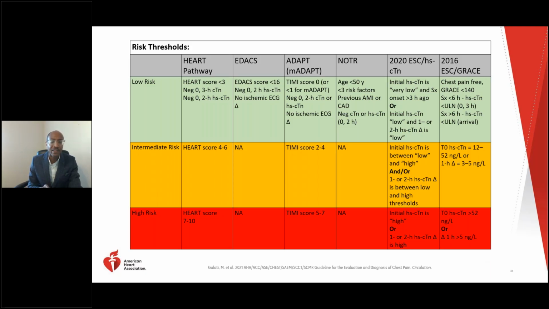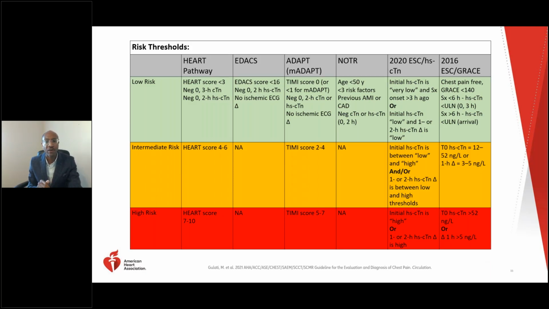I want to highlight that there are some differences that can be appreciated between these different clinical decision pathways, particularly the EDACS score and the no objective testing rule. Those are predominantly a little more binary and really powered to identify most predominantly patients who are low risk, with the aim to discharge those patients in a really safe manner if they have lower scores, negative troponins that are not above the 99th percentile, and clinical risk factors that are really not suggestive of anything worrisome.